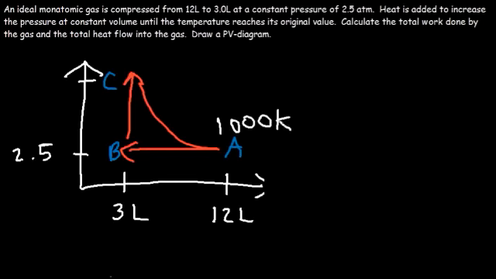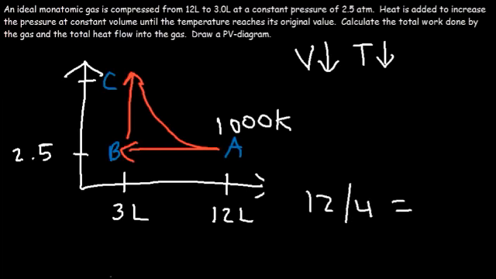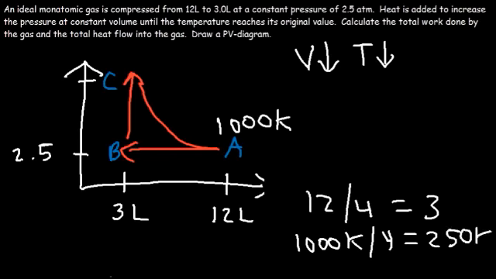Now, notice the volume decreased from 12 to 3 liters. Whenever the volume decreases, the temperature decreases as well if the pressure is held constant. The volume decreases by a factor of 4. If you divide 12 by 4, you get 3. Likewise, if we divide 1000 Kelvin by 4, it gives us a temperature of 250 Kelvin. So that's going to be the relative temperature at point B if point A is 1000 Kelvin.